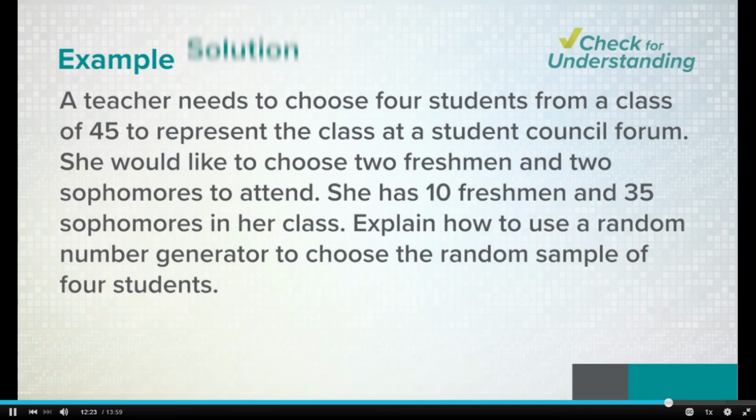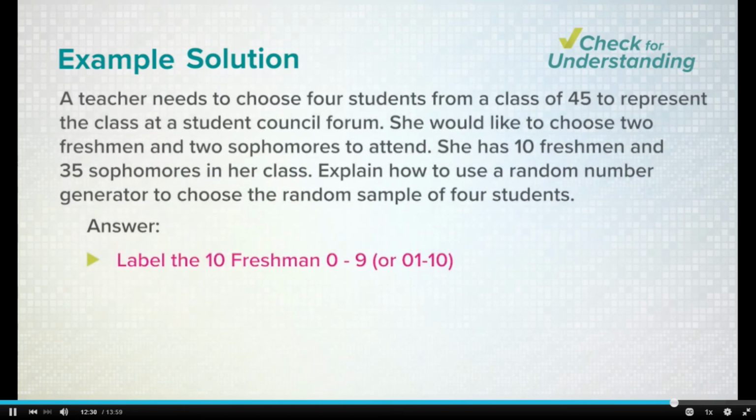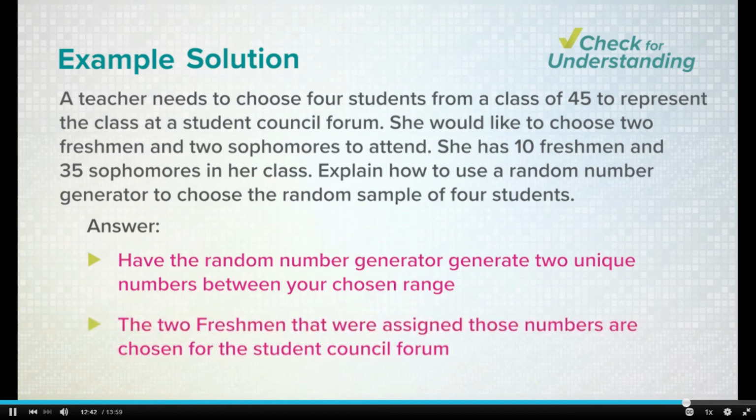Let's look at the check for understanding solution. This is how it should be written when showing your answer. Label the 10 freshmen 0 to 9 or 01 to 10. Have the random number generator generate 2 unique numbers between your chosen range. The 2 freshmen that were assigned those numbers are chosen for the student council forum.